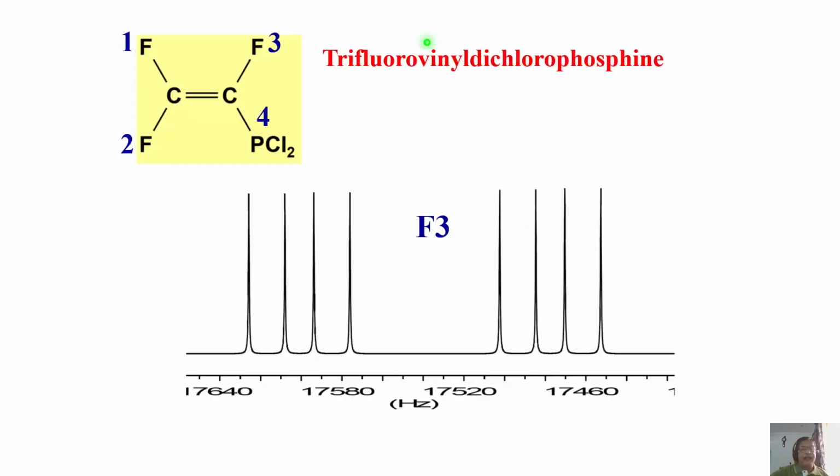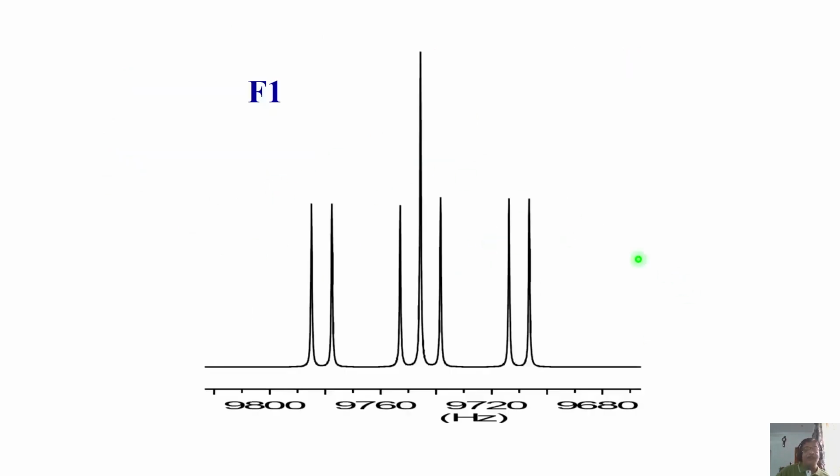So this is an example of a case where all the three fluorines are present, and phosphorus is also there. This is heteronuclear AMPX. Phosphorus is coupled to three fluorines, all of them not equivalent. Now this is the F3 part of the spectrum, or fluorine 3, fluorine 1, fluorine 2.